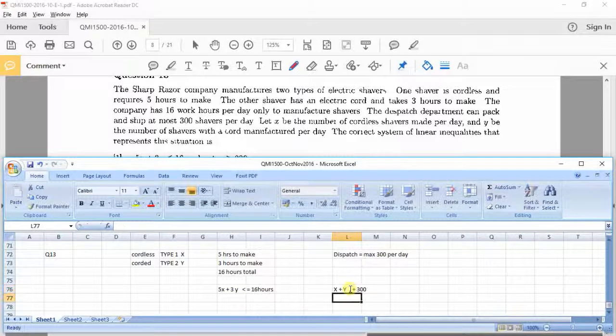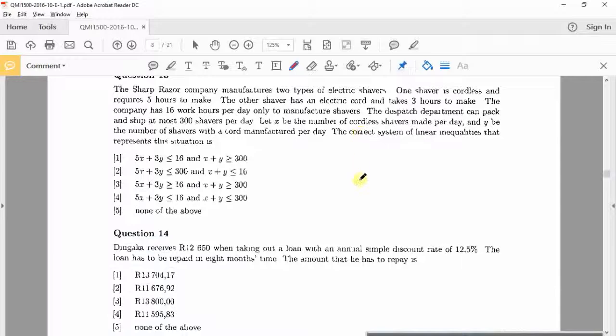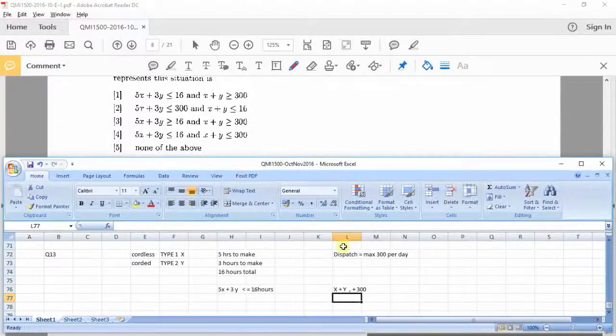So 5x plus 3y less than or equal to 16, and x plus y less than or equal to 300. Yeah, option 4.